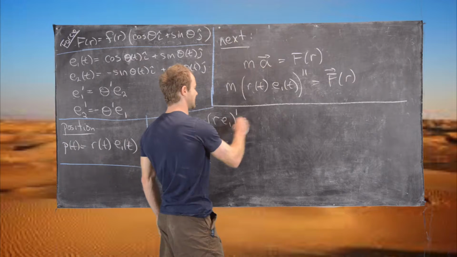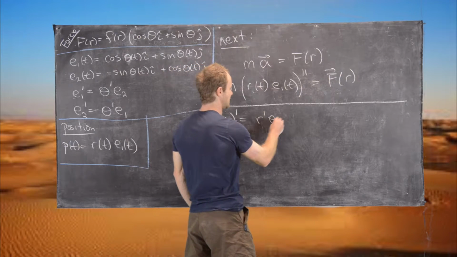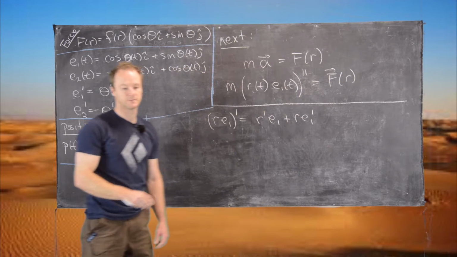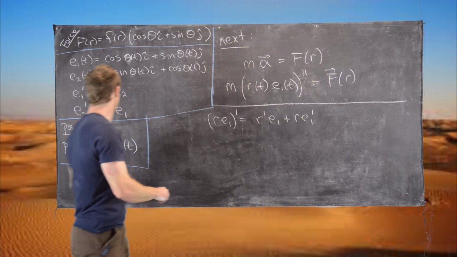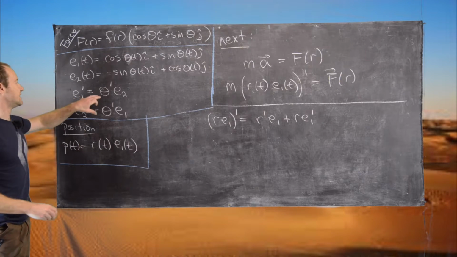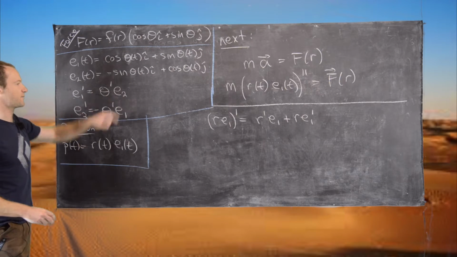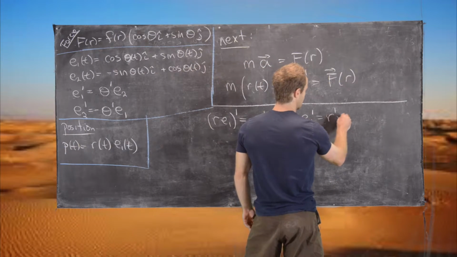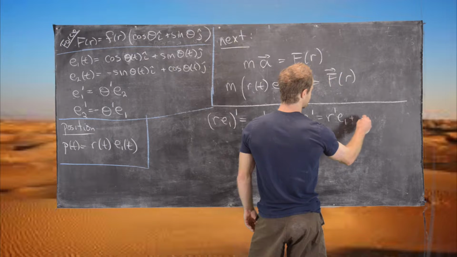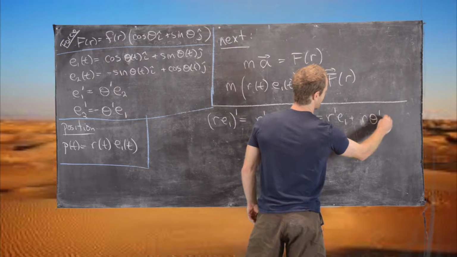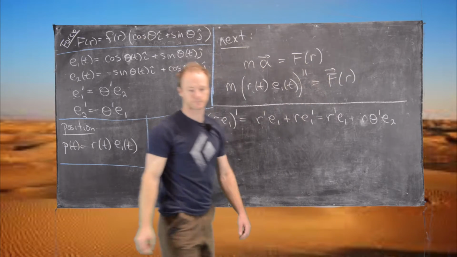So this is going to give us r prime E1 plus r E1 prime. Okay, good. But we know by our setup with the definition of E1 and E2 that E1 prime is theta prime E2. So this gives us r prime E1 plus r times theta prime E2.